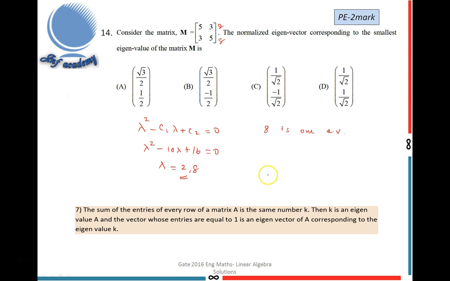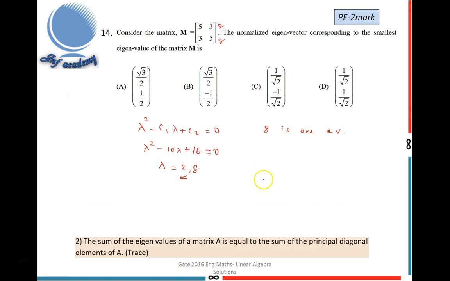And again I use the property that the sum of the eigenvalues equals the sum of the principal diagonal elements. So 8 plus another eigenvalue equals 10, so lambda 2 equals 2. This is another way to find the eigenvalues. So finally I got that the smallest eigenvalue is 2.